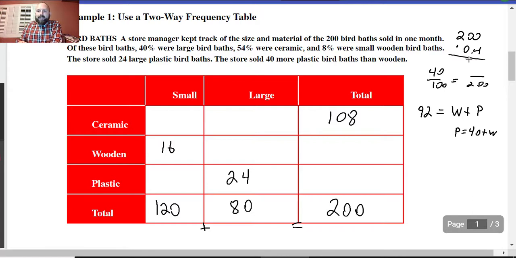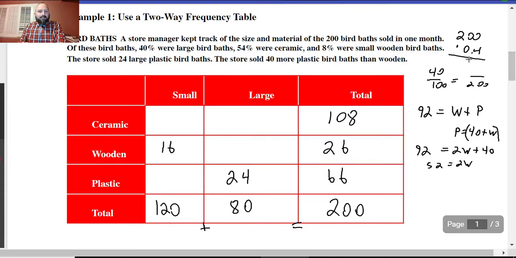If I add W plus P and do the substitution right here, I have 2W plus 40 is equal to 92. Using solving an equation, I could figure out that 2W is equal to 52, divide by 2, and I get 26. Well, if that's equal to 26, then 26 plus 40 is 66.